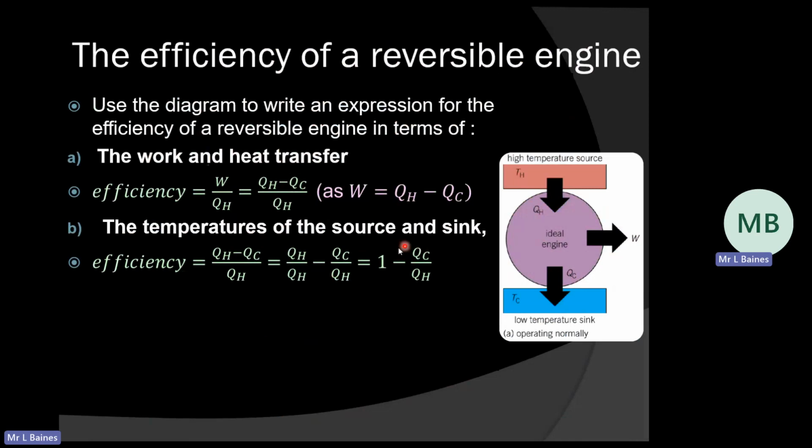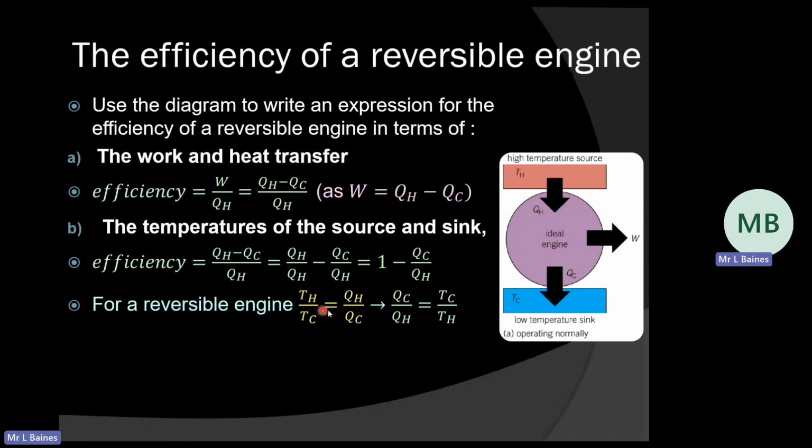So the efficiency is going to be 1 minus QC over QH. So that makes complete sense. My maximum efficiency is 1. I'm always going to have a negative value because I'm always going to have some heat energy given out to my heat sink.